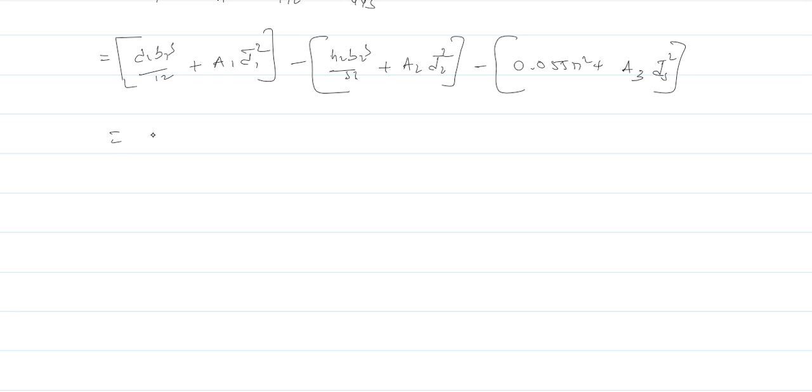If you know every value, just substitute, you will get the same Iyy, that is 1,666,998.8 mm power 4. This is the value of Ixx and Iyy.